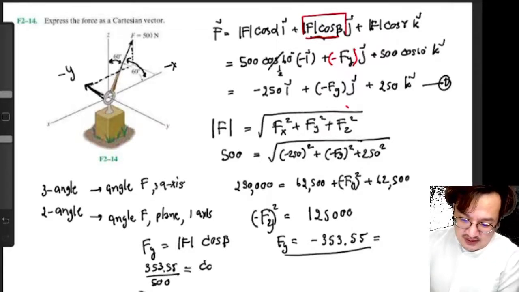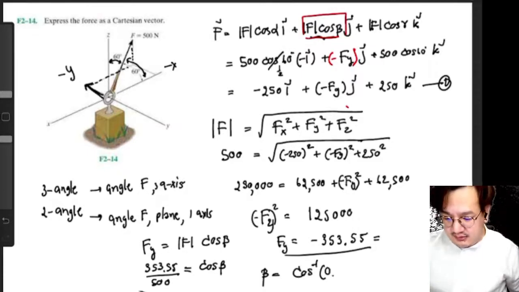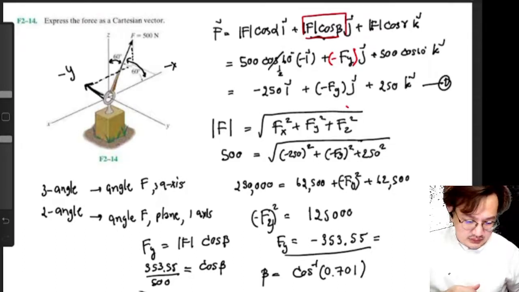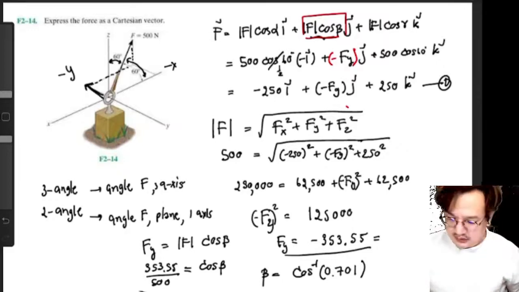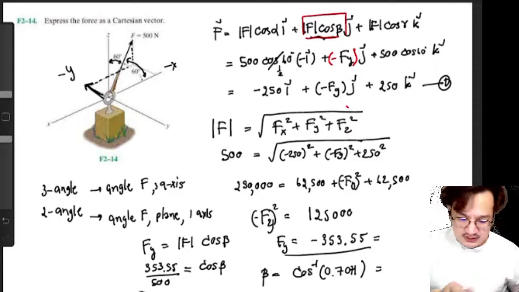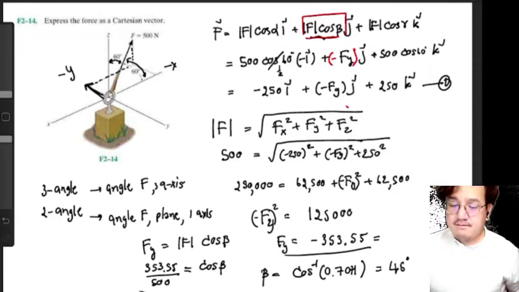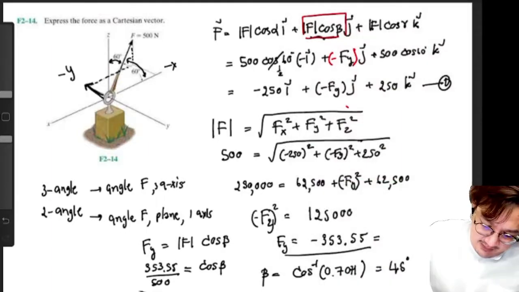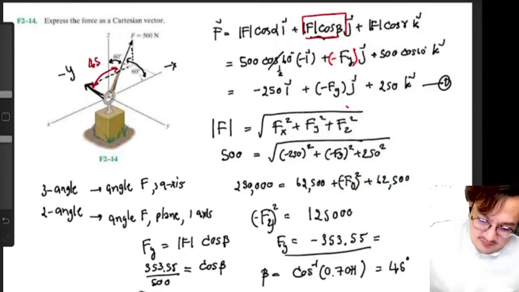Over 500, you will get cos beta, and then beta will be equal to arc cos of this term, 0.701, which will be equal to 45. So that is the angle between F and the minus y-axis, which is 45 degrees.